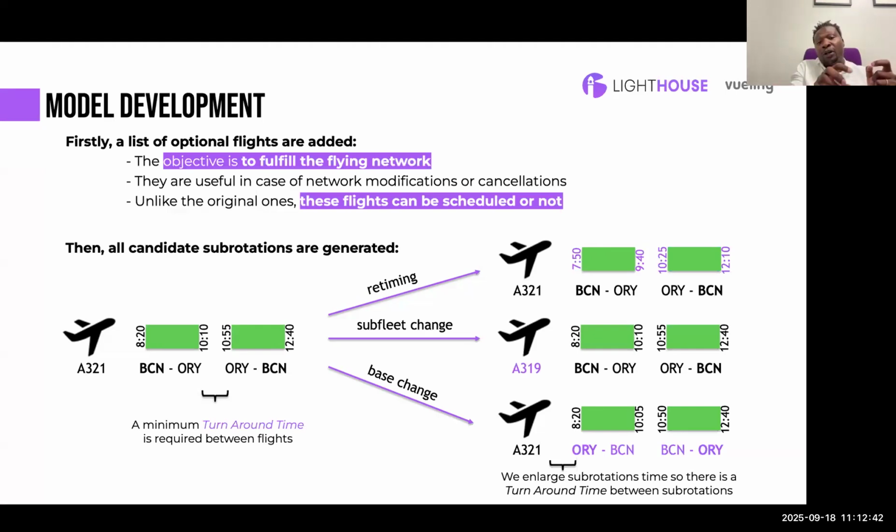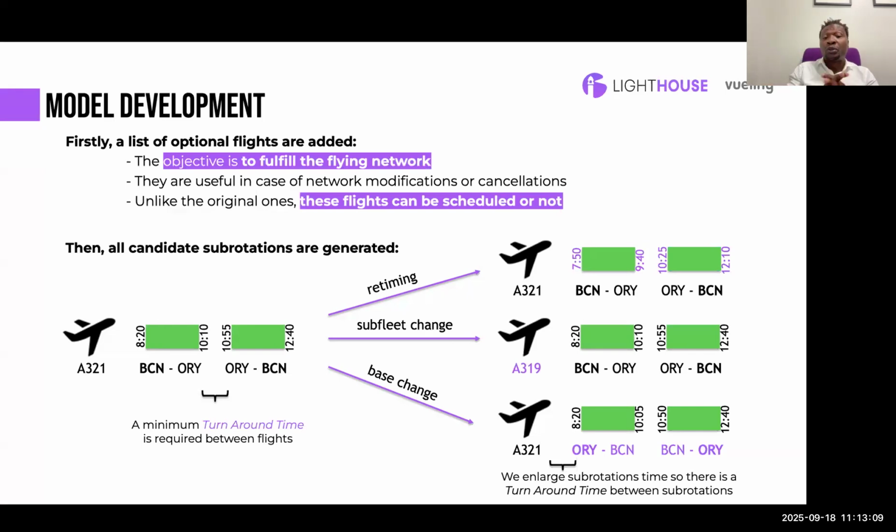This also helps us make modifications and cancellations on flights that can be scheduled or not. So we use these optional flights to fill our system, and we try to modify them or not and see how we can optimize the whole thing.